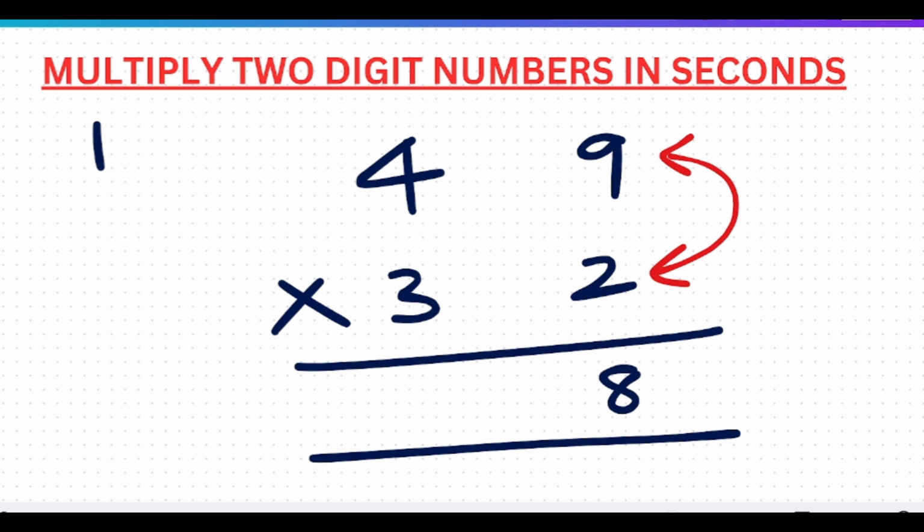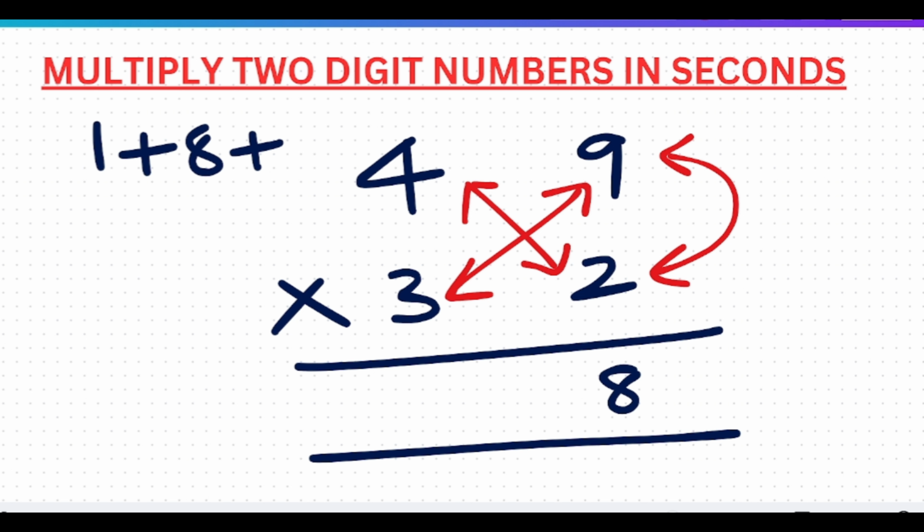Alright, so now the next thing, you multiply the numbers diagonally and then you add them up. So you do 4 times 2, that's 8, plus 3 times 9, which is 27. Now you add them up. This number is the one we got from 9 times 2.